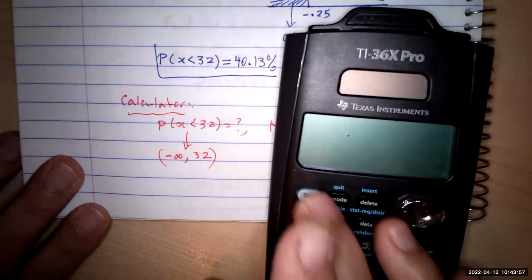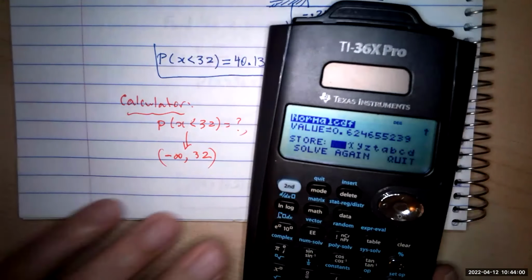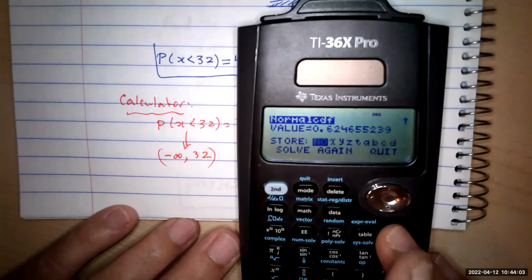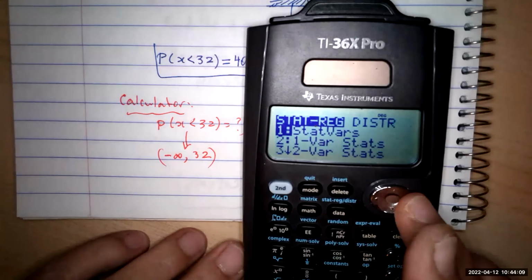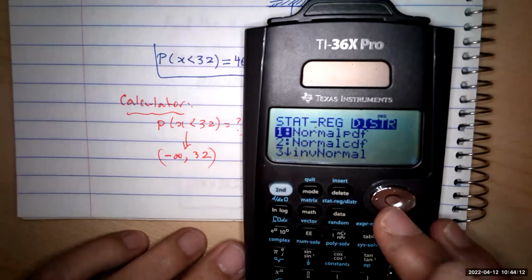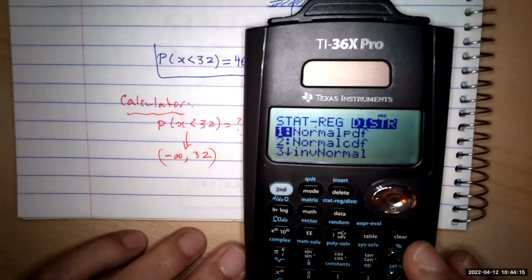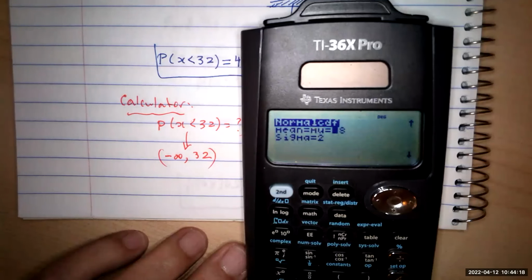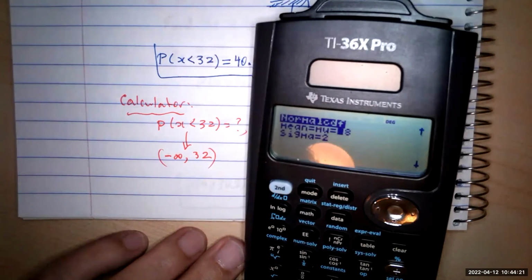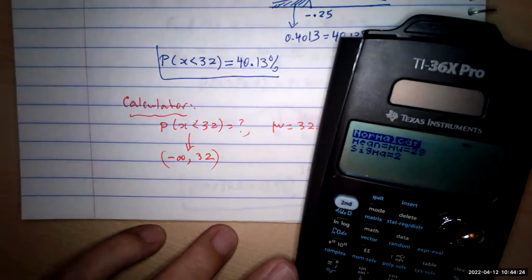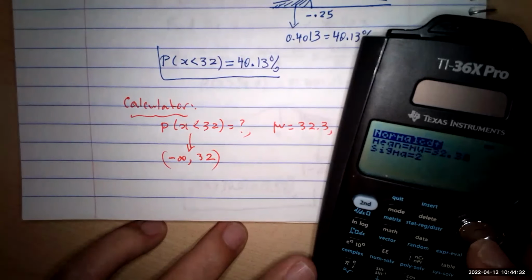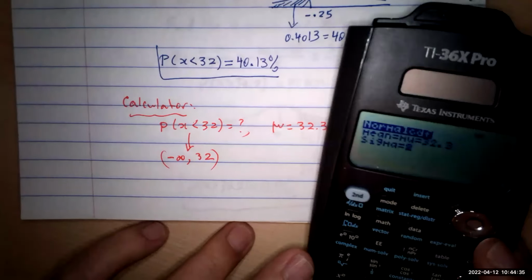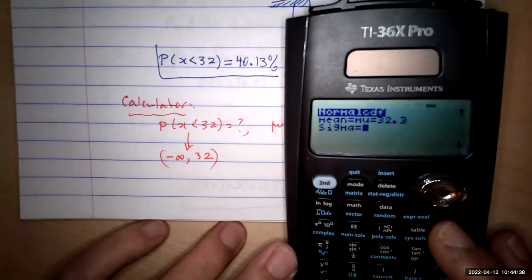On your TI, I go to second, then distribution. I go down to number 2, normal CDF. They ask for the mean, which is 32.3. Then the second one is the standard deviation of 1.2.